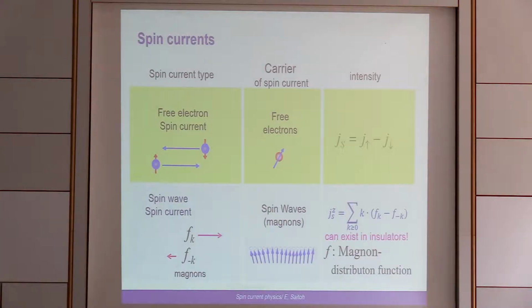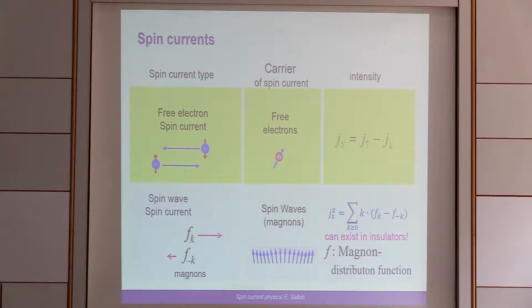The next spin current is called spin wave spin current. Spin wave is, of course, wavy motion of the magnetization in a magnet. When the spin wave population at k is not the same as that at minus k, spin wave can carry angular momentum. This is spin wave spin current. It can be written as the sum of fk minus f minus k.